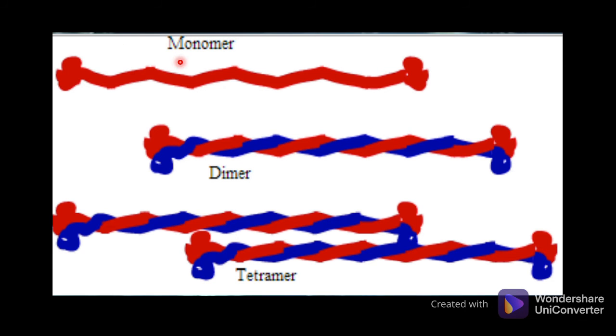So you can see here in this diagram, a monomer is shown. In this diagram, two anti-parallel dimers are shown, and in this diagram you can see that there is a tetramer shown. So structurally, all intermediate filaments start from a fibrous subunit.